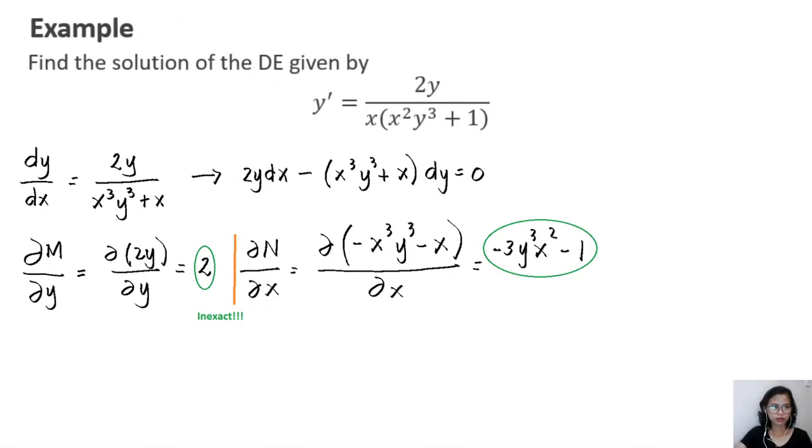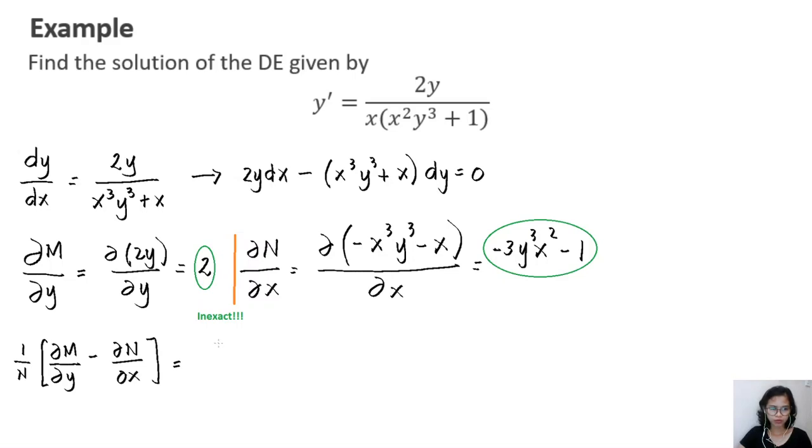So for case 1, these are partial derivatives. We know that this is with respect to y, and this is with respect to x. Let's try to see what our N is. Our N is this one, negative x cubed y cubed plus 1.